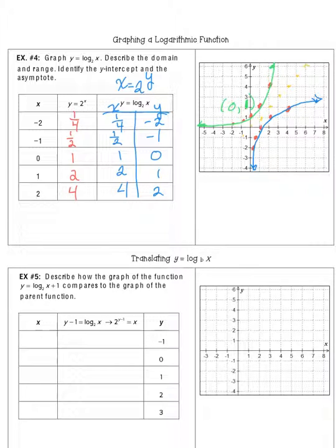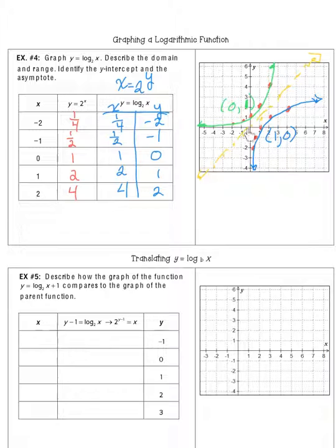So this is the line of y equals x where every y is equal to x. And if you were to fold this graph on that line, this graph is going to lay exactly on top of this graph. And so, let me put in the key point for this one. The key point for this one is right here at 1, 0.